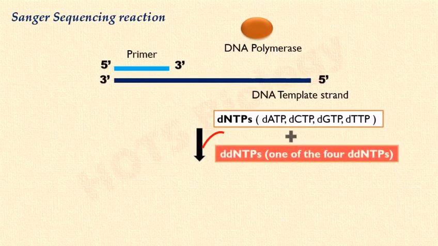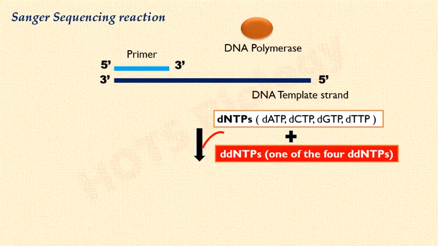Now, as we know, dideoxynucleotides or ddNTPs, when incorporated in an elongating DNA chain, will terminate the DNA synthesis reaction. Since small amounts of ddNTP are included in each reaction, DNA synthesis will not terminate every time.